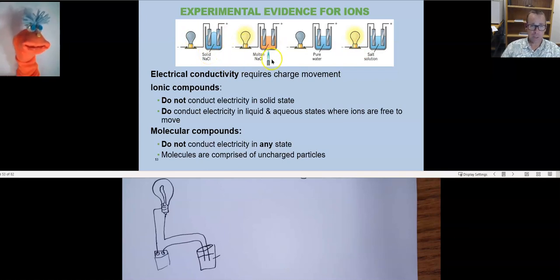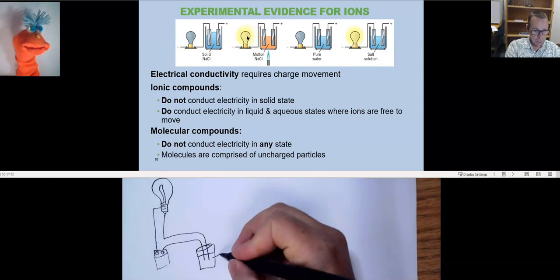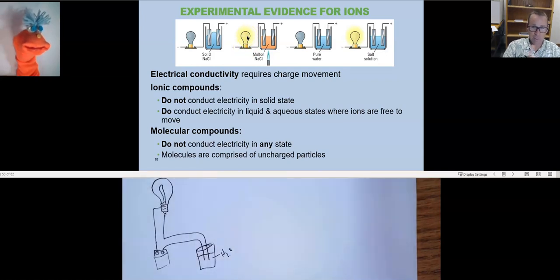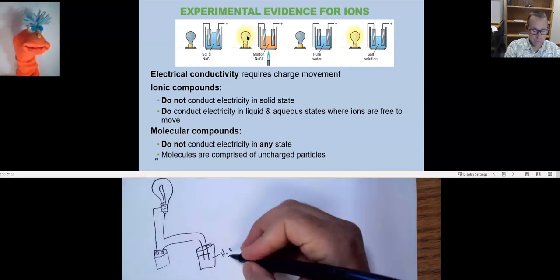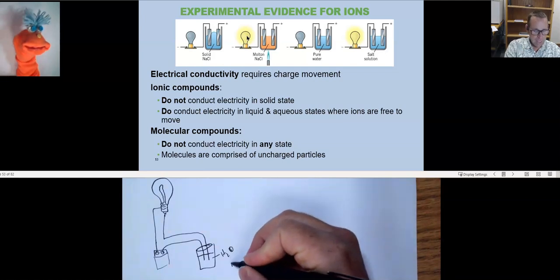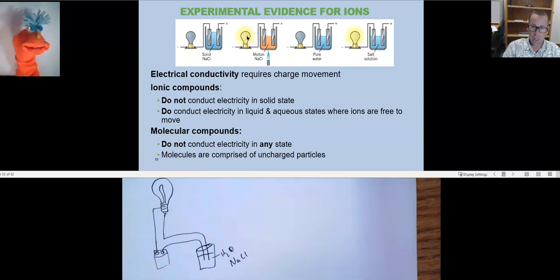But if I heat that sodium chloride until it melts, and that's just a physical change, then I do have conductivity as well. So I will get conductivity if I put in here not something molecular. Water is a molecular compound, but if I add in there something that is ionic.